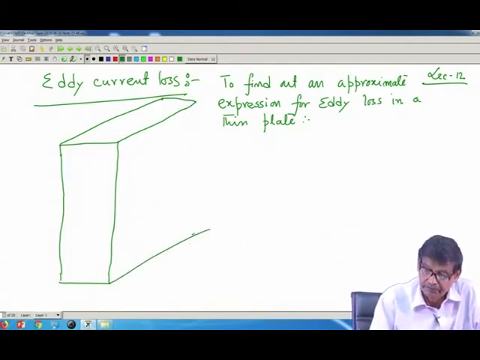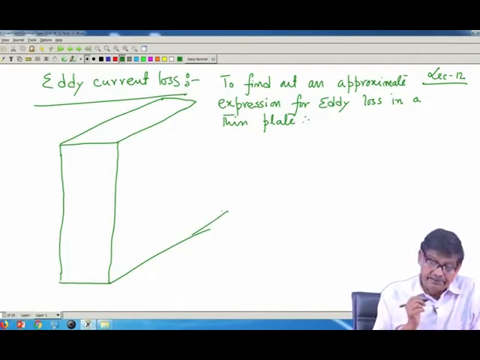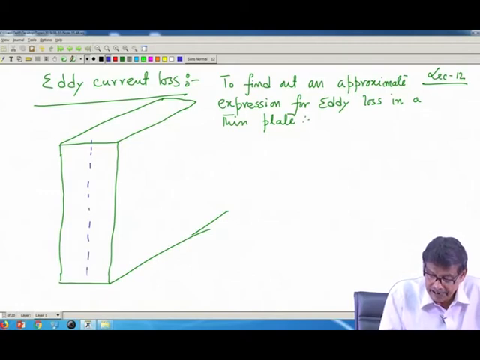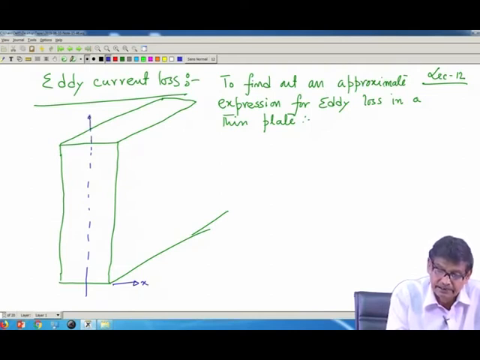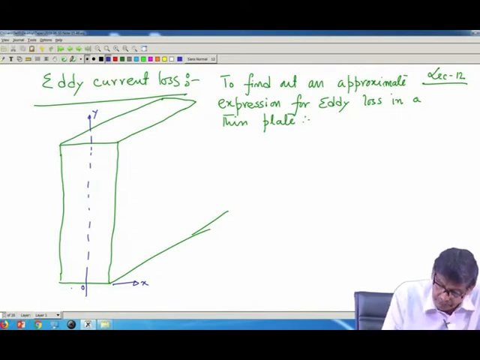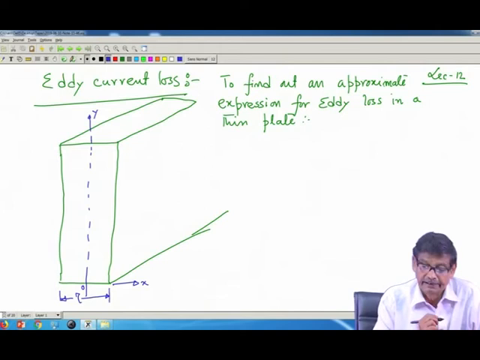In this thin plate, we will make x and y axis. I will assign this to be my x axis, and this is my y axis, and this is my origin. And suppose the thickness of the plate is tau.